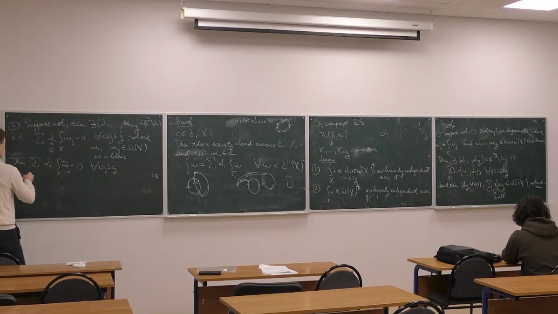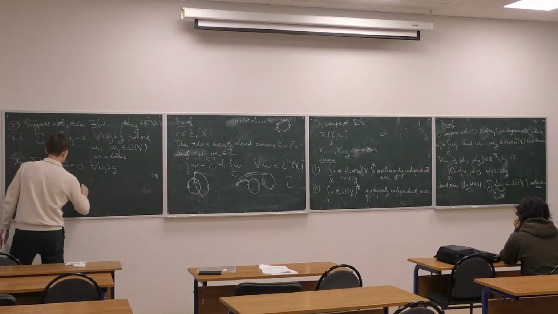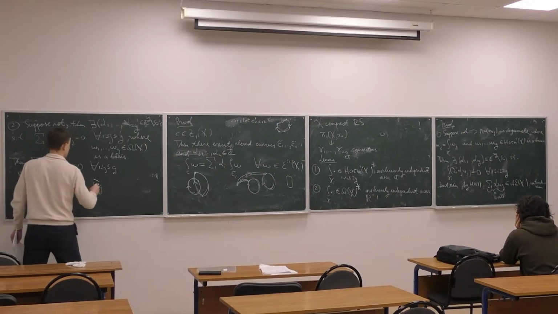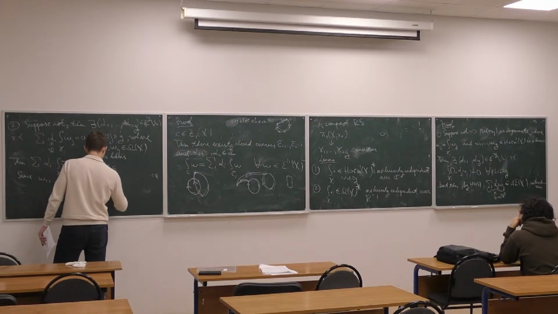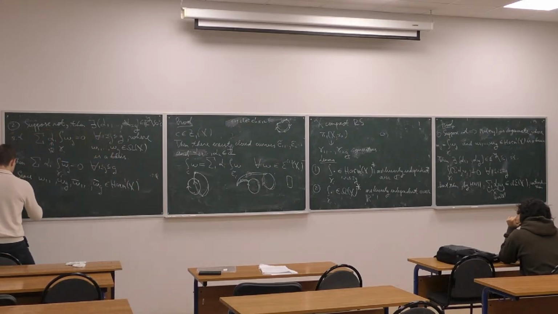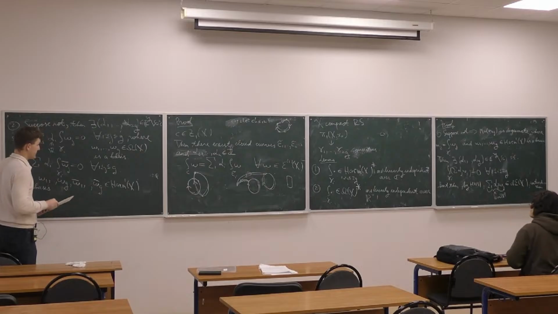But then, since omega 1, ..., omega g, omega 1 bar, ..., omega g bar is a basis, well, we discussed that the space of harmonic forms is a direct sum of holomorphic forms and anti-holomorphic forms.